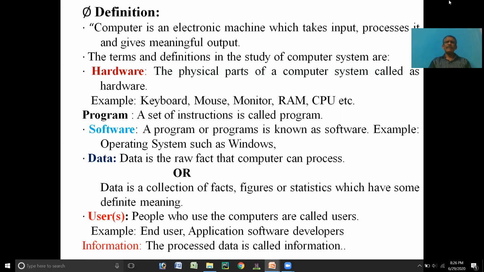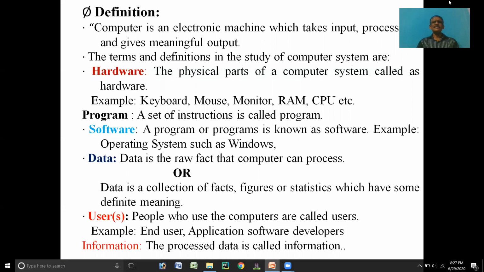If you take an example of a student, the student takes input throughout the year, then in the exam time, the student processes the taken input and the student will get the result as an output. That is the same as the computer definition, that is input, process and output.